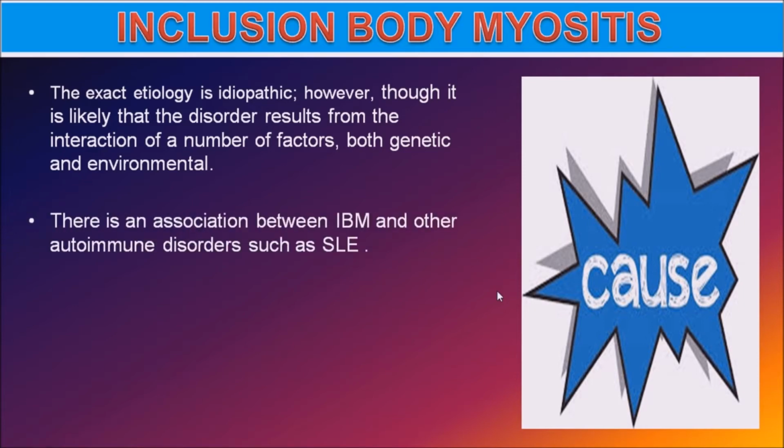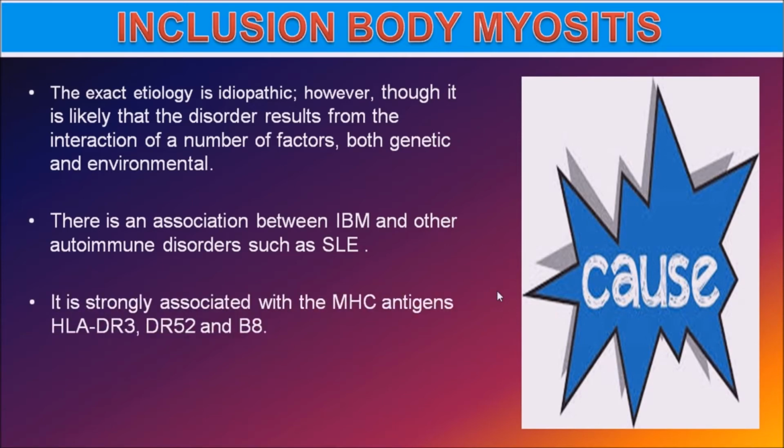There is an association between IBM and other autoimmune disorders such as SLE. It is strongly associated with the MHC antigens such as HLA-DR3, DR52, and B8.